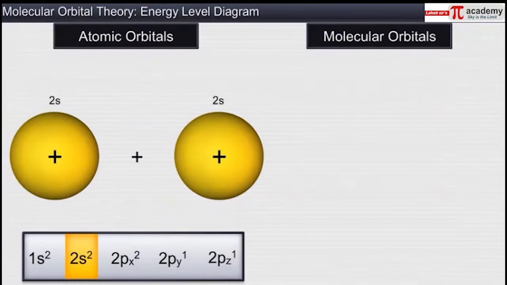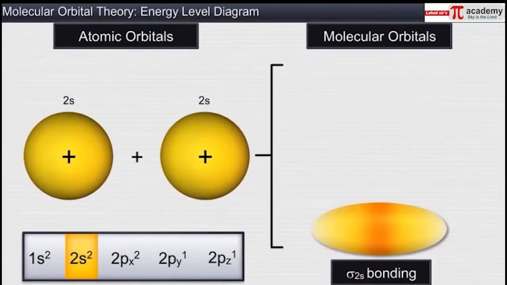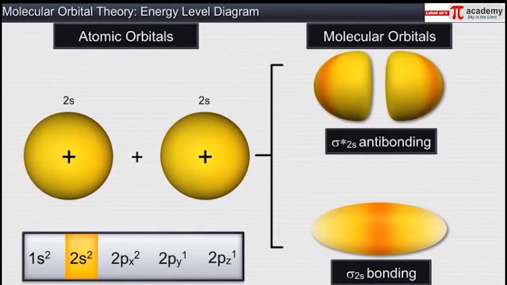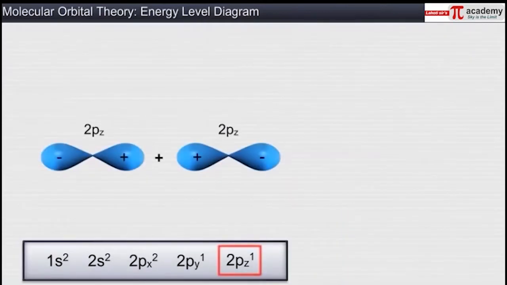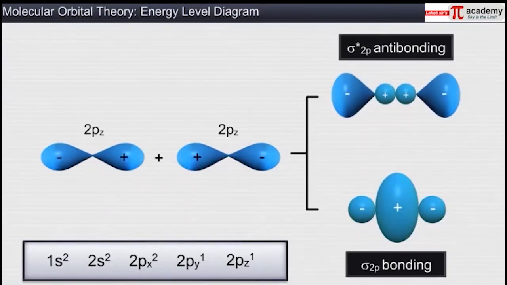The two 2s orbitals combine to form sigma 2s bonding and sigma star 2s anti-bonding molecular orbitals. Two 2pz orbitals too combine head-on to form sigma 2p bonding and sigma star 2p anti-bonding molecular orbitals.